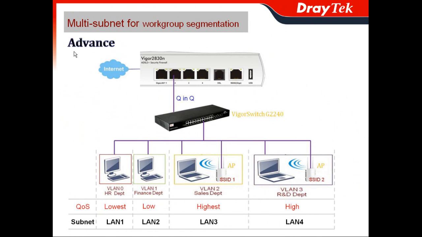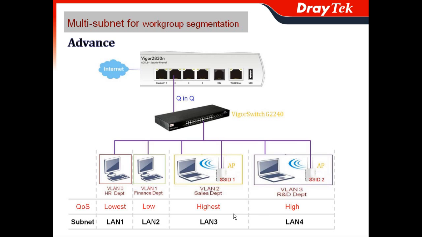So for the advanced application of multi-subnet, we can do more. Yes, in addition to isolating your different work groups, for example in the same case, Human Resource Department, Finance Department, Sales Department, and R&D Department, you can also use the multi-subnet to do QoS for the different departments.